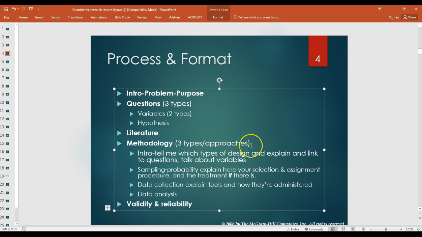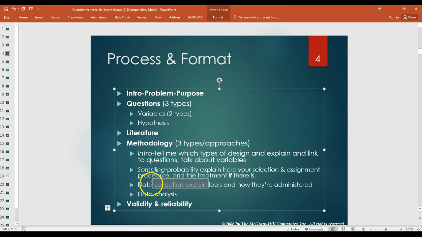Okay, when we come to methodology, if you remember, under methodology you write an intro, your sampling, your data collection, and data analysis. That's exactly the same. And you know what, I'm going to do it in italics. These are the common, exact same structure of qualitative and quantitative research.